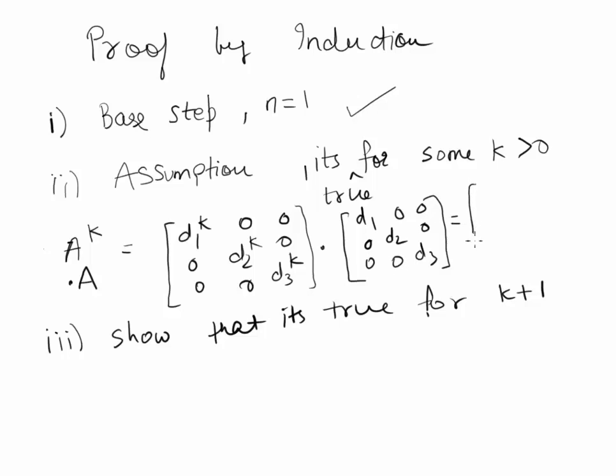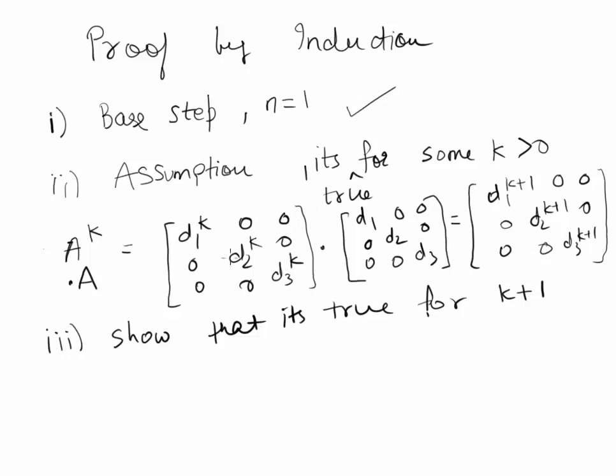If you carry out the multiplication process, you will get d1 raised to the power k plus 1, d2 raised to the power k plus 1, and d3 raised to the power k plus 1, and all of these are just 0.